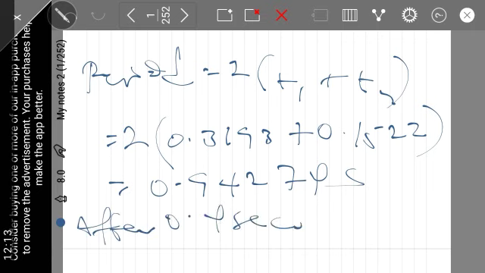Then after 0.4 seconds, we want to find the velocity.